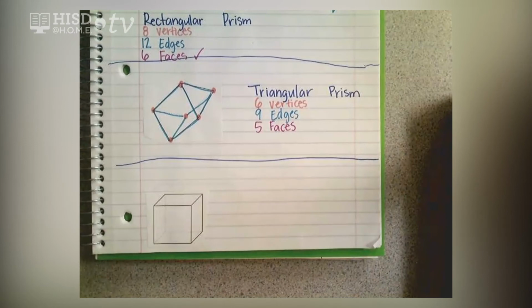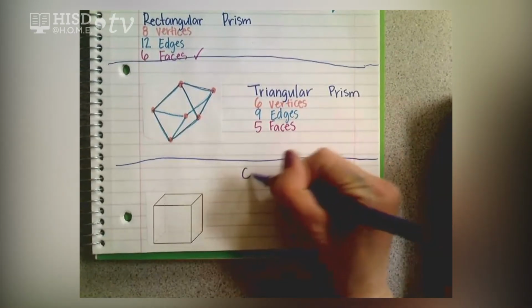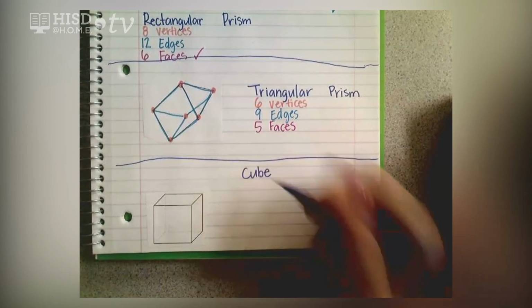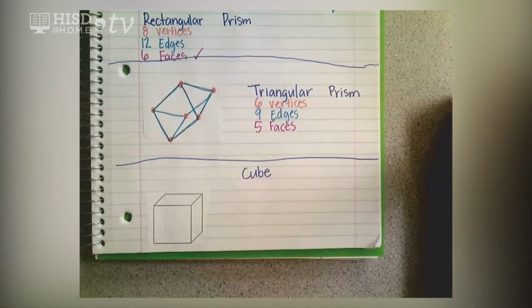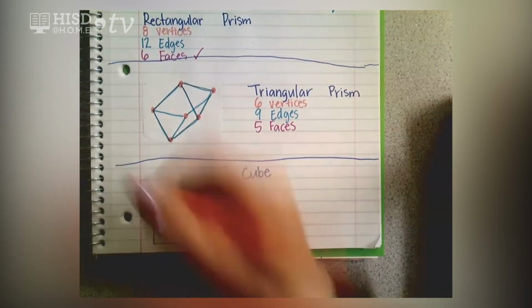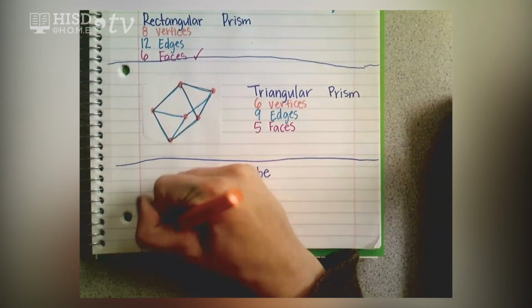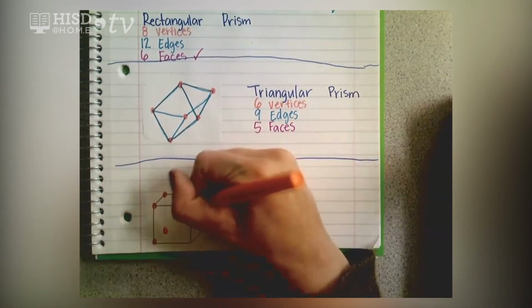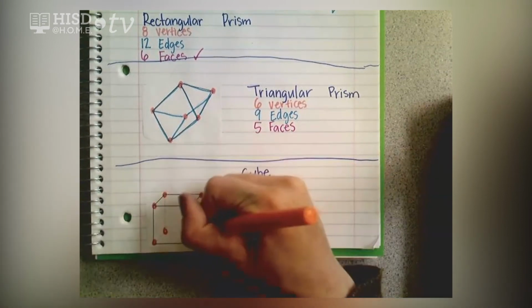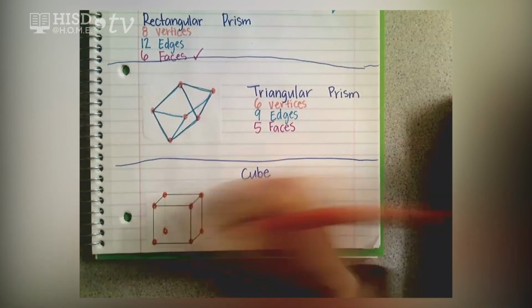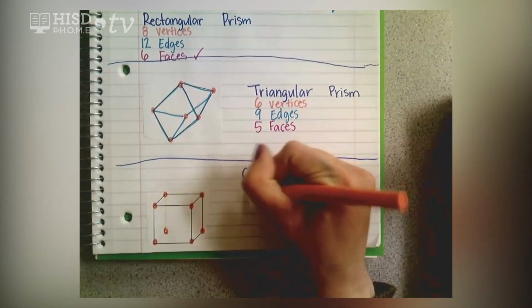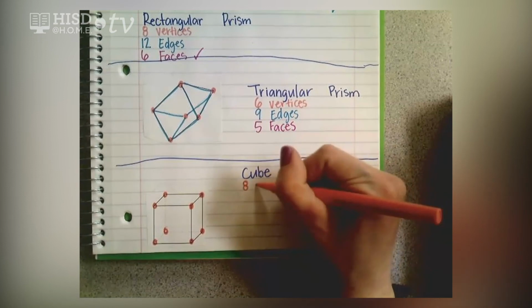So it can also be a prism, but we're going to write cube. And let's count our vertices. 1, 2, 3, 4, 5, 6, 7, 8. I have 8 vertices.